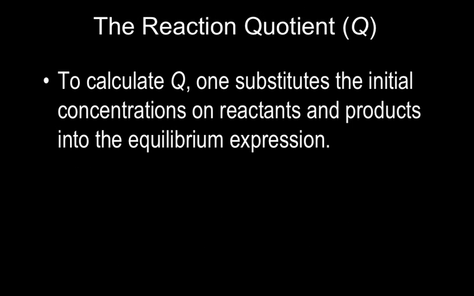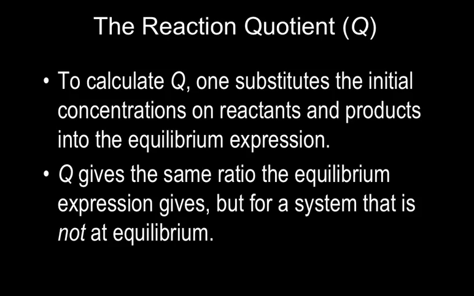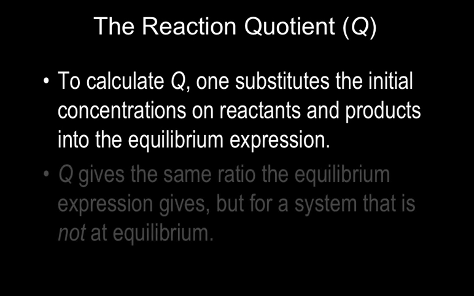This is called the reaction quotient, which is Q, and what you do with Q is you substitute the initial concentrations of reactants and products into the equilibrium expression. So Q is set up the same way that K is set up, except Q is calculated when you have values that are not at equilibrium, whereas for K, you use values that are at equilibrium. So it gives you the same ratio, but it's for a system that is not at equilibrium.